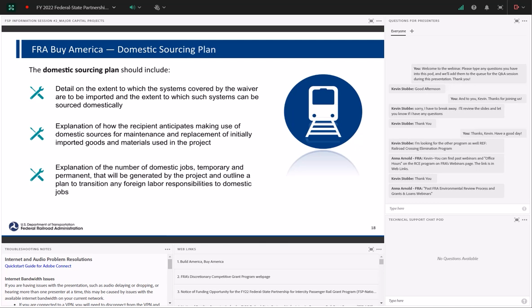Within the domestic sourcing plan, we would also encourage applicants to highlight how they're going to use maintenance and replacement facilities domestically so that we can transition from the need to import those portions of the project to domestic manufacturing. And then finally, an explanation of the number of domestic jobs, temporary and or permanent, that will be created by the project, and an outline of how there is a transition, if needed, from foreign labor to local domestic labor.